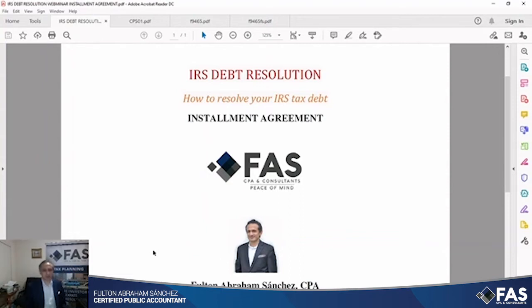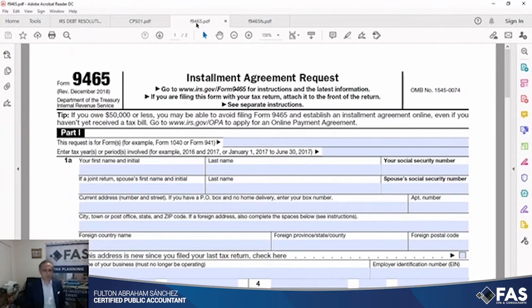I am a CPA. Our firm, FAS CPA and Consultants, is very interested in helping you to resolve your IRS debt problems. This seminar is about installment agreements. We will cover two types of forms depending on the amount of the debt.